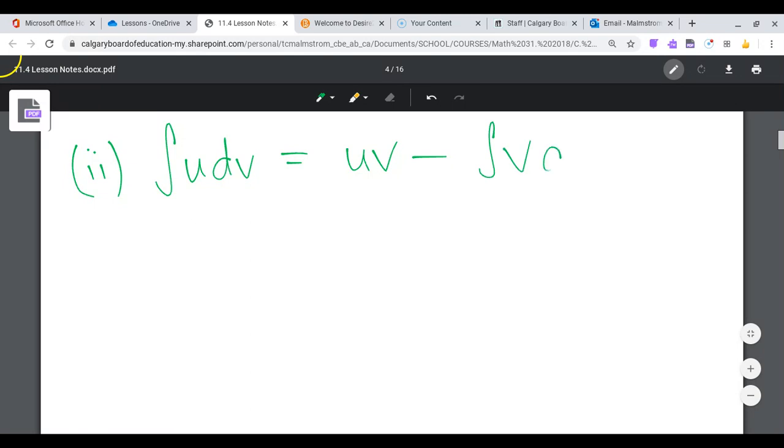Okay, so step 2, the rule says the integral of u dv is equal to uv minus the integral of v du.